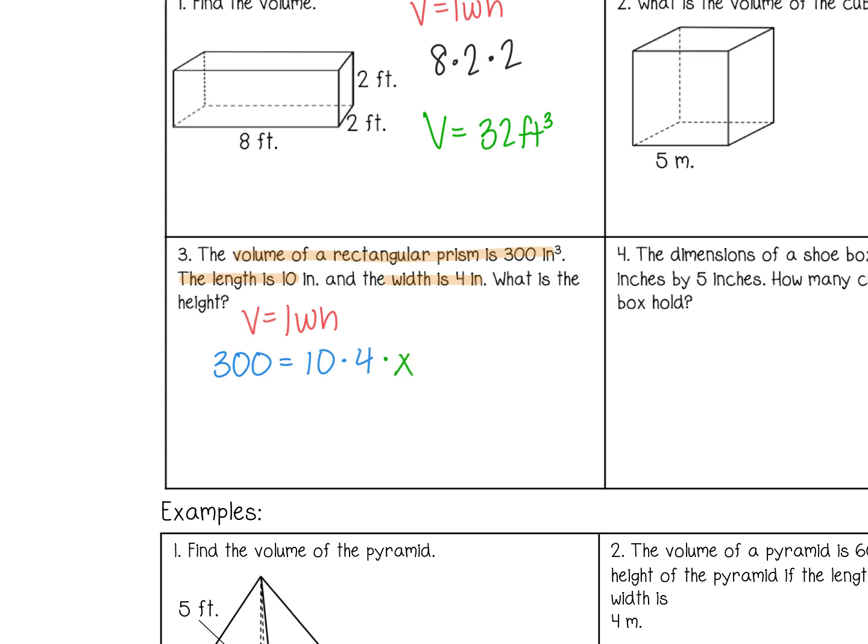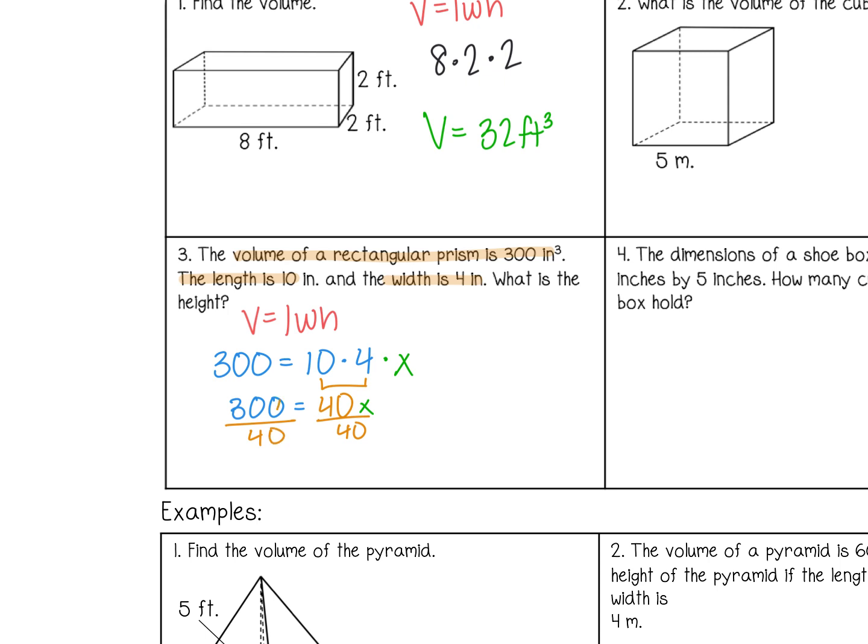So taking it in steps. What do I do first? Combine like terms. So I still have 300 equals 40x. Now what am I going to do? Good, divide both sides by 40.